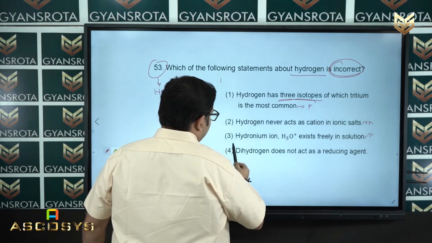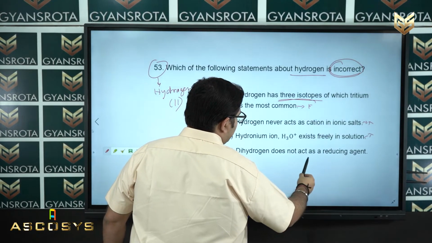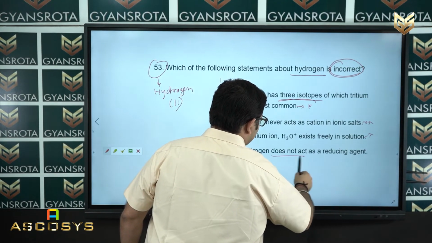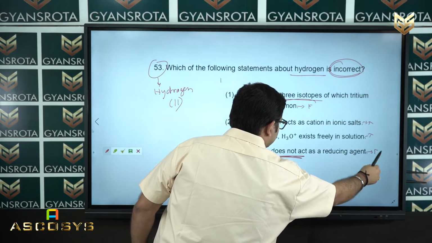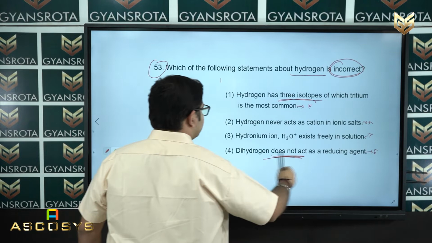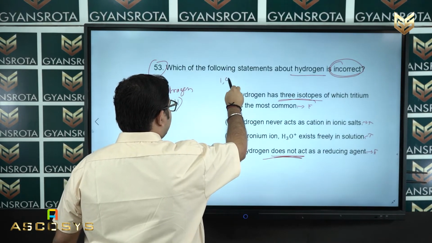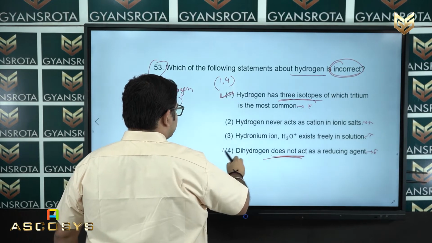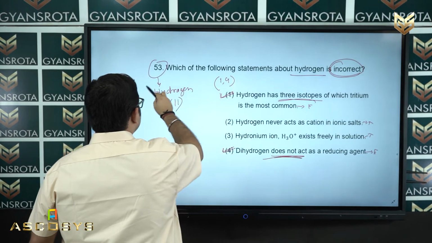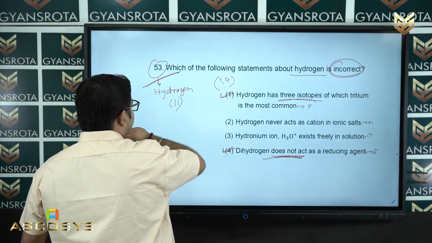Now, option number 4: dihydrogen does not act as a reducing agent. This is not a correct option, it acts as a reducing agent. So, this is a false statement. So, option number 1 and option number 4 are the correct answer of your question number 53.